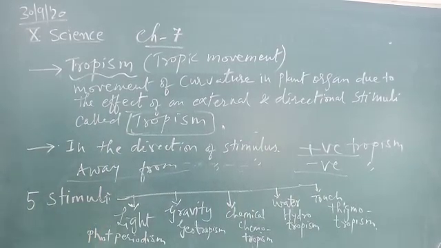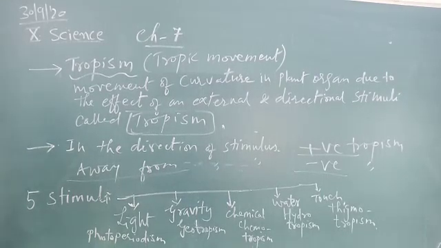Now the first one is the stimulus light, and the type of tropism is called phototropism. Photo means light. Phototropism means the movement of the plant in response to light. Now you have seen the sunflower.